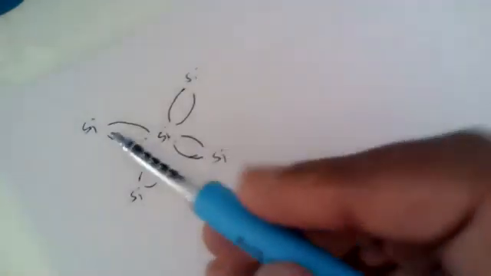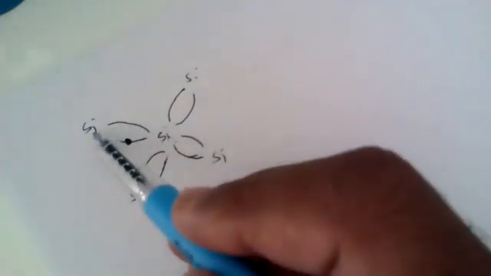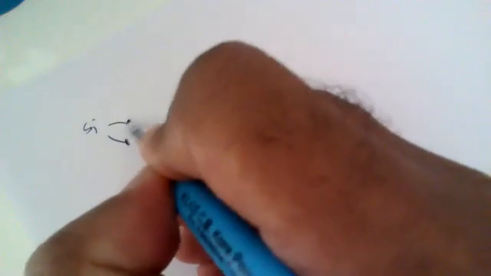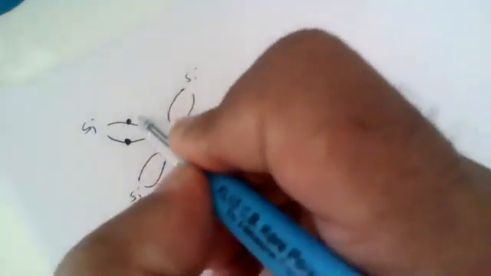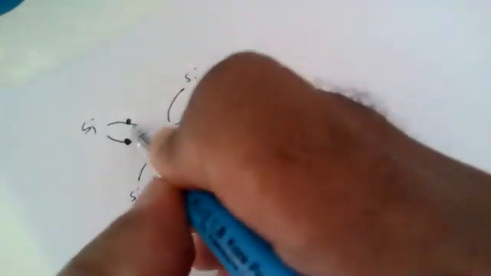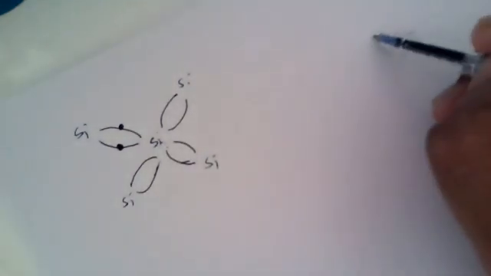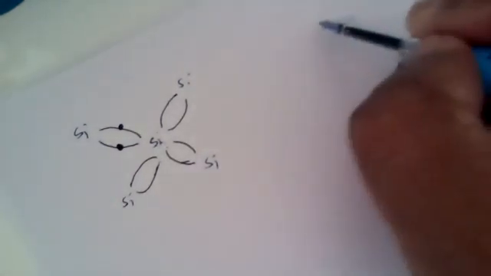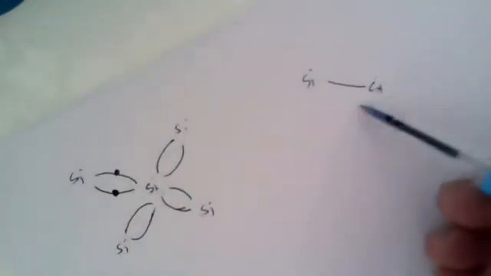So this silicon contributes its single electron, and the silicon atom surrounding it also contributes its 3s electron. So these 2 electrons share a common pair of electrons, and they form a bond between these 2 silicon atoms.